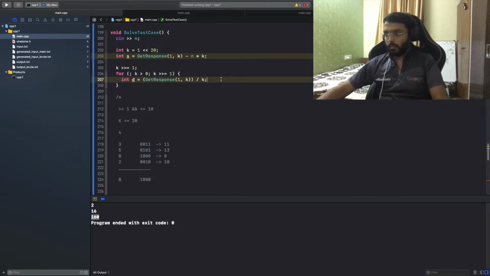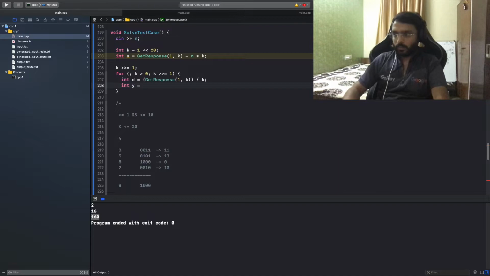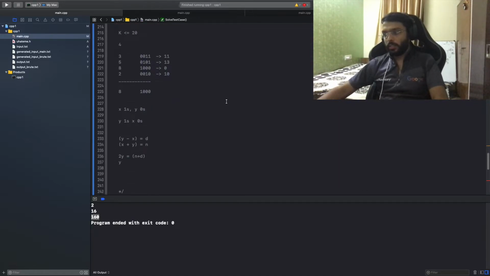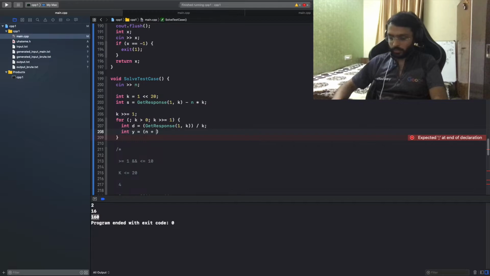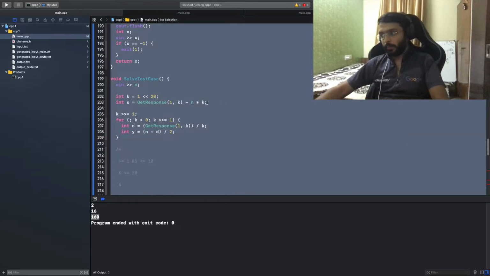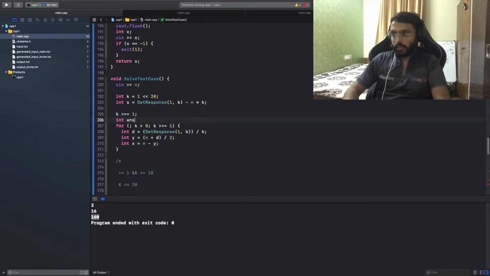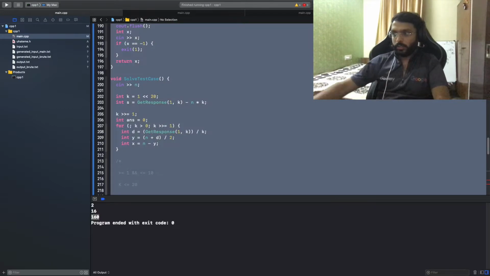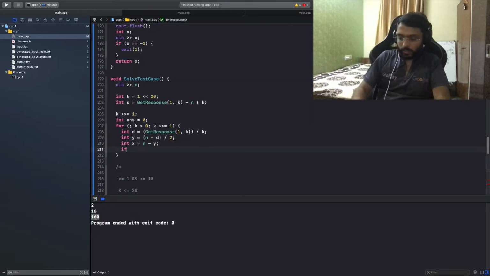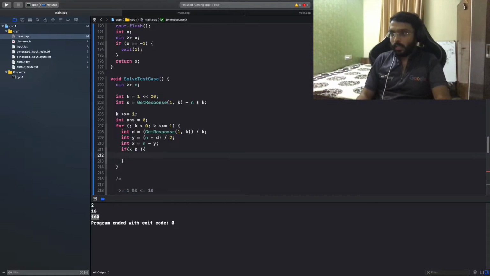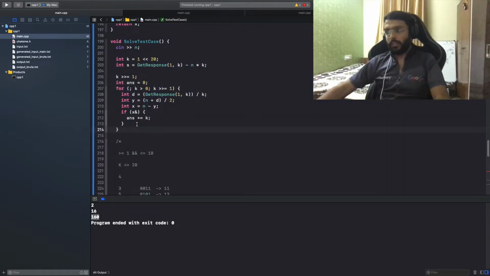So y will actually be n plus d by 2, and int x is equal to n minus y, and int answer equal to 0 initially. If x is odd, I will say answer plus equal to k, because that's the digit I have to add 1 at.